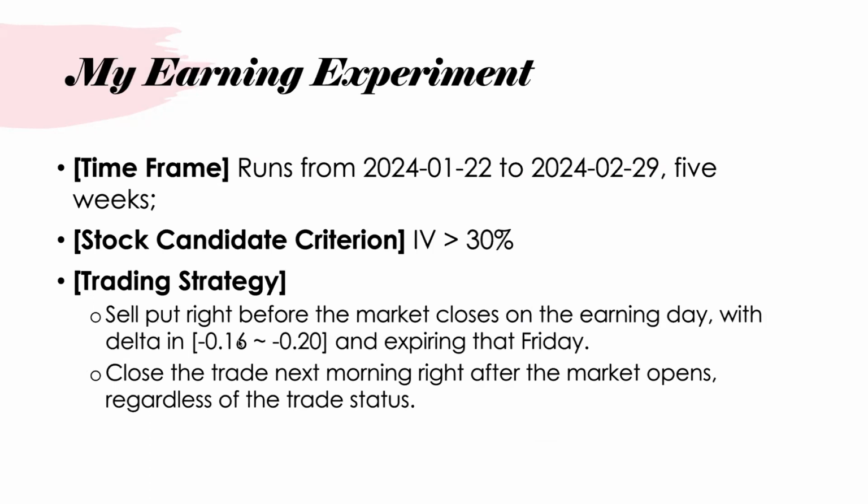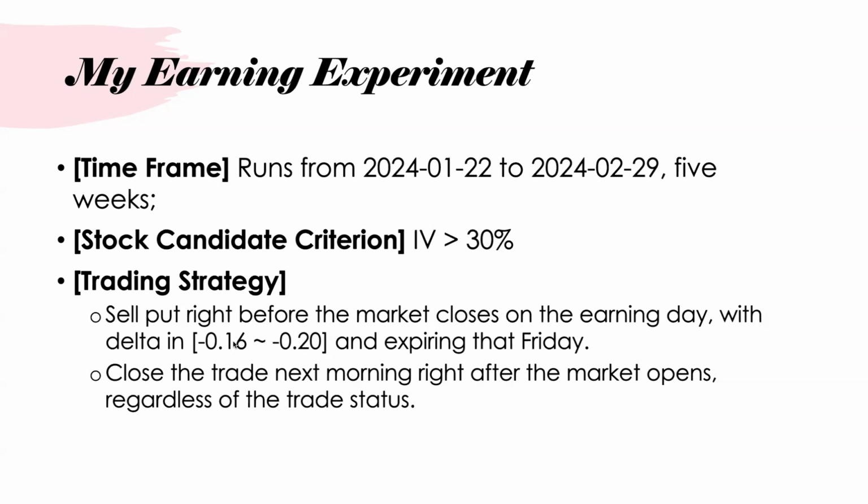So my experiment runs from 2024, January 22nd, next Monday, to 2024, February 29th, altogether 5 weeks. The criteria for stock is, among all of my 50 stocks, any stock with IV larger than 30%.